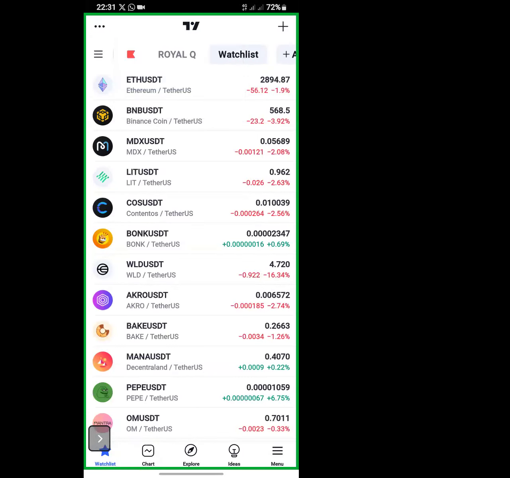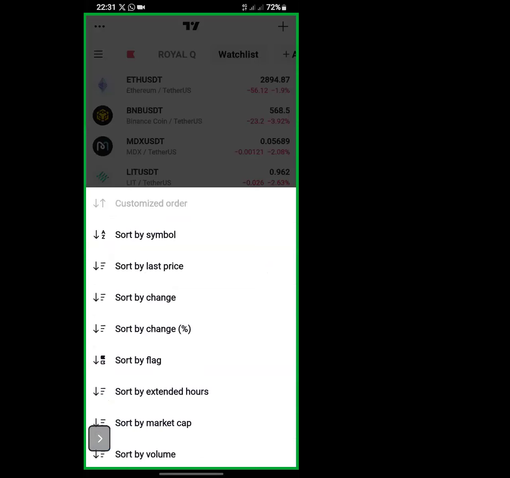Then after I click on sort by, they are going to give you different options: customize the order, sort by symbol, sort by last price, sort by change, sort by percentage change, sort by flag, sort by extended hours, sort by market cap, sort by volume.